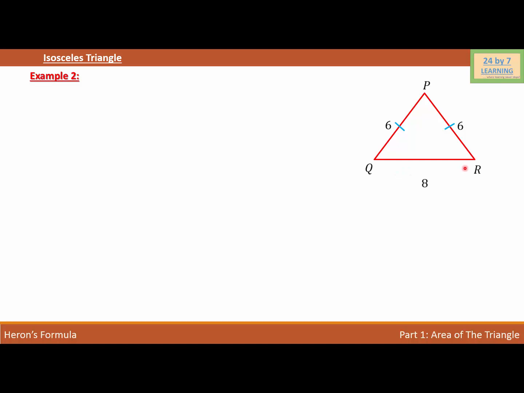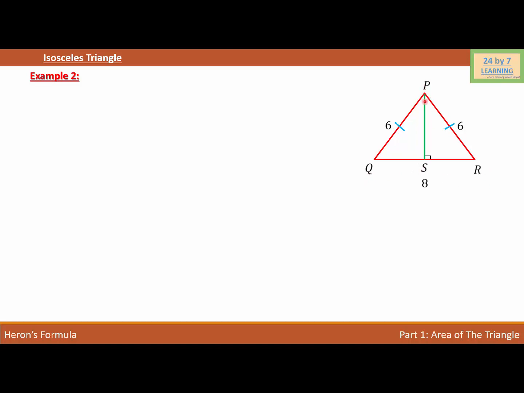In order to find the area of an isosceles triangle, I'm going to drop a perpendicular from point P. So this is my perpendicular. Let this angle be a right angle, and let this vertex be S. So basically I'm getting two right triangles. My first right triangle is PQS, and my second right triangle is PRS.